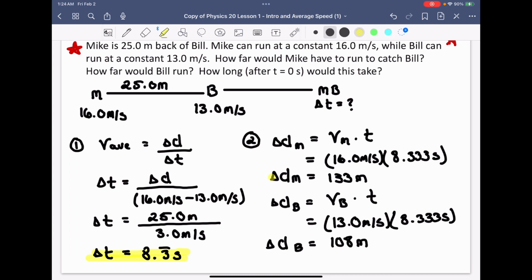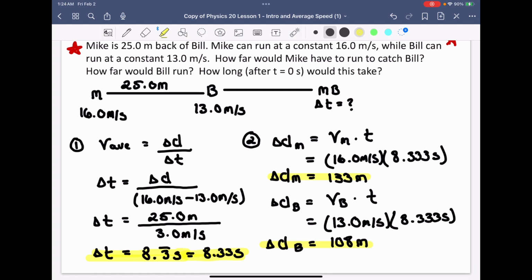Now, we can highlight all of these. There's Mike's distance, there's Bill's distance, there's the time, 8.3 seconds, or more importantly, now if we wanted to go back, we could realistically write it as 8.33 seconds, just to be really accurate to the significant digits, and that would be our final solution.